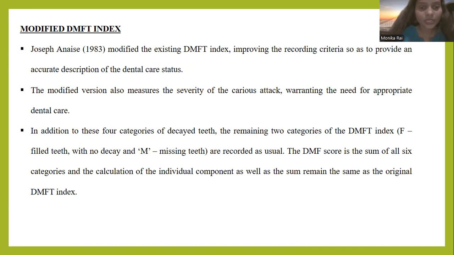In addition to these four categories of decayed teeth, the remaining two categories of DMFT, F filled teeth with no decay and M missing teeth, are recorded as usual. The DMF score is the sum of all six categories, and the calculation of the individual component as well as the sum remain the same as the original DMFT index.